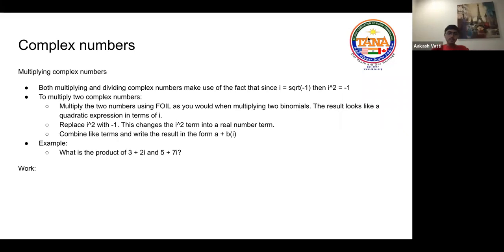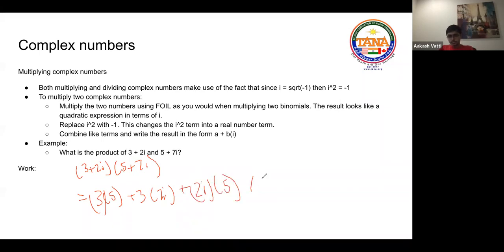So what is the product of 3 plus 2i and 5 plus 7i? The way you do this is you're given 3 plus 2i and 5 plus 7i, and you're supposed to find the result. So you have 3 times 5, I'm just going to put parentheses around everything, plus 3 times 7i plus 2i times 5 plus 2i times 7i.